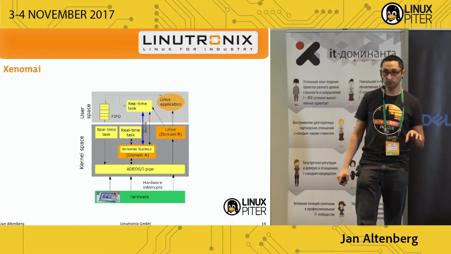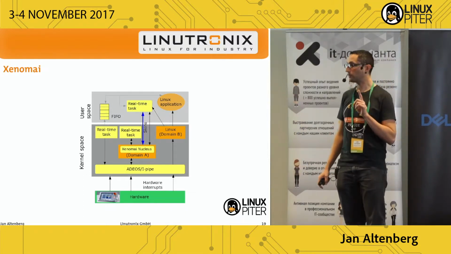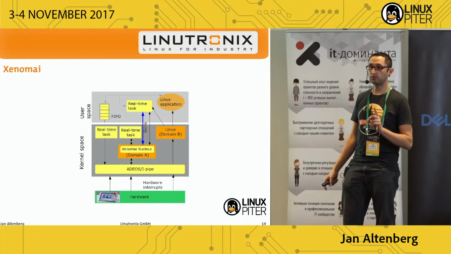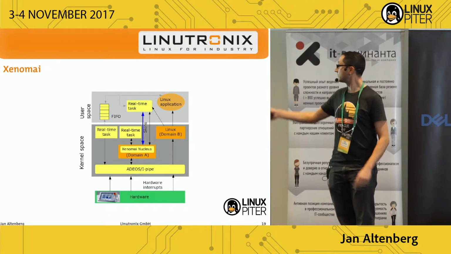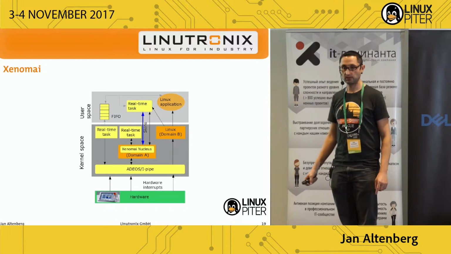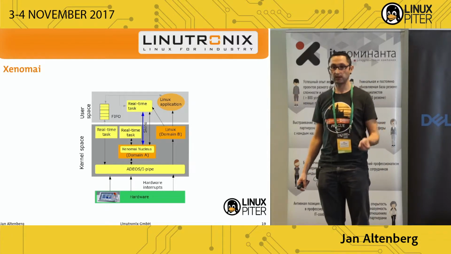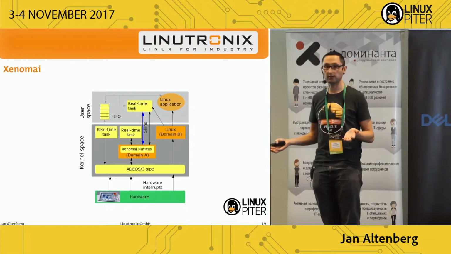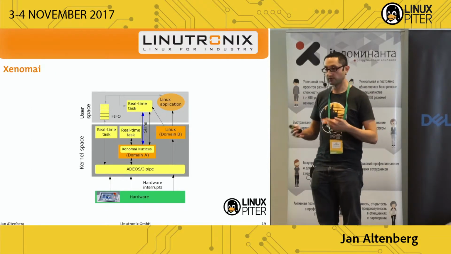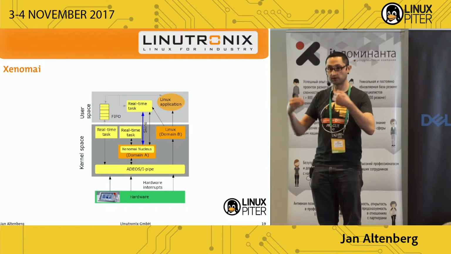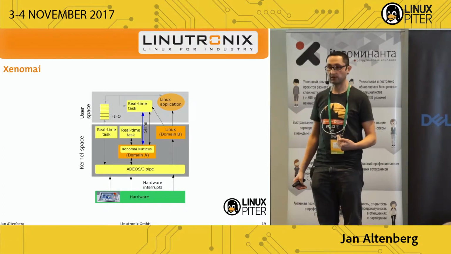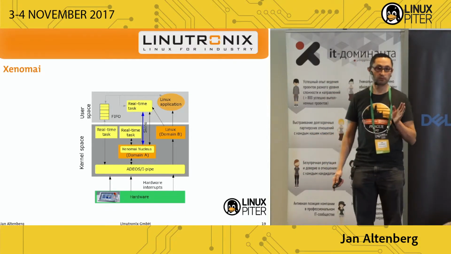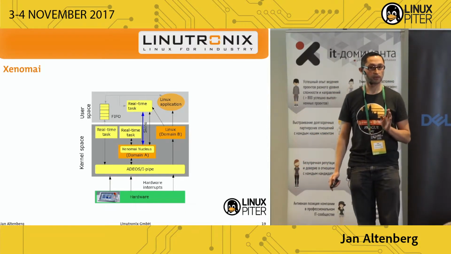But you have to be aware that at that point you need to use special libraries and special APIs. This is not a standard Linux application. You have to link against the Xenomai libraries, in that case the so-called POSIX skin. So it's not just linking against the standard C library, you still need special tools and a special API for your real-time application, which makes it a bit harder to use than a standard Linux application.